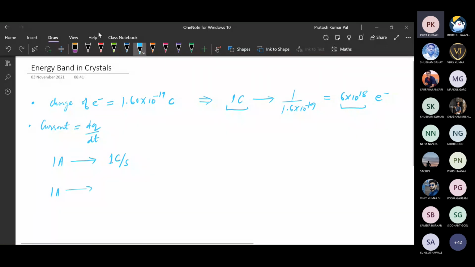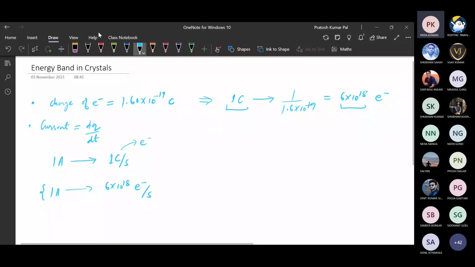So in terms of current, 1 ampere will be similar to 1 coulomb of charge per second, or if we represent this in terms of electrons, it will be 6 into 10 power 18 electrons per second. If 1 ampere of current is flowing, that means that many electrons are moving in 1 second.